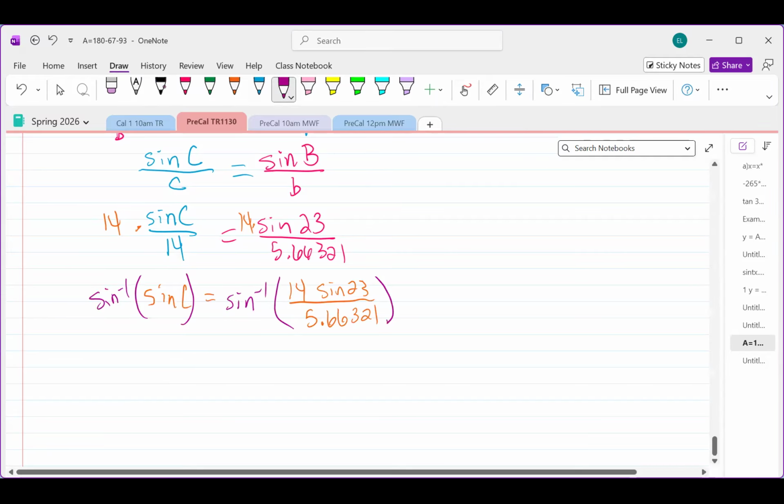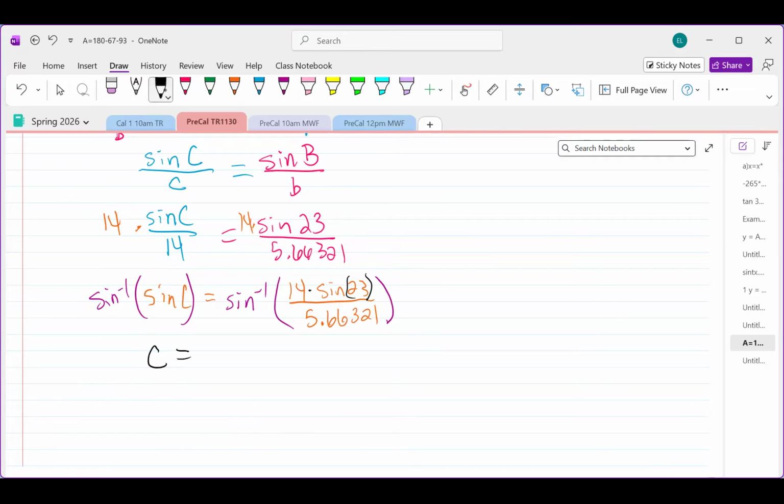So when I go to type this calculation in, I'll have inverse sine open 14 times the sine of 23, and then there'll be parentheses around the 23, then divided by the 5.66321, and then a close parenthesis. So that's what we're going to type in now.